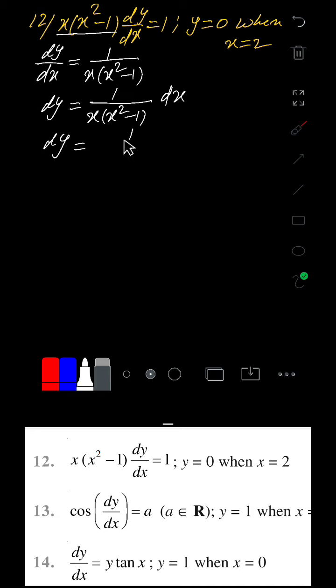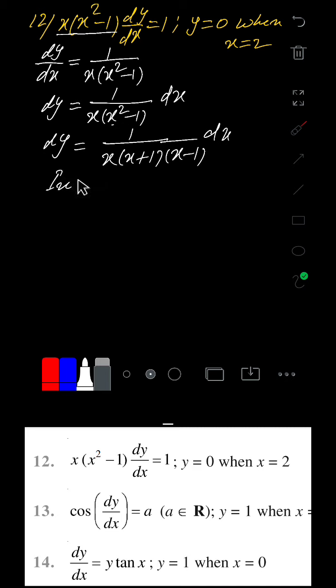dy is equal to 1 upon x square minus 1, which may be written as (x plus 1) into (x minus 1) dx. Now this is quite clear that it is a variable separable form of differential equation. So at this step, when we have separated both the variables, we have to integrate both sides.